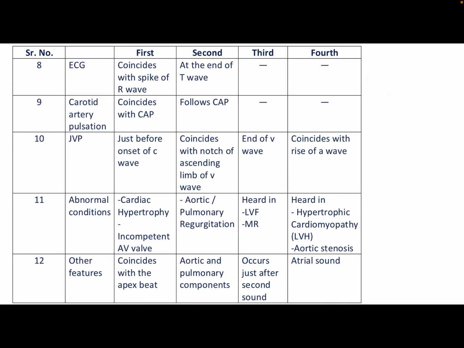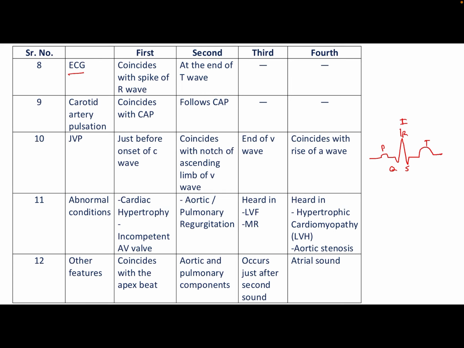Okay, then the next point is ECG, electrocardiogram. In ECG, okay, so this is P wave, this is QRS complex, and this is T wave. So first heart sound is heard at the peak of the R wave.